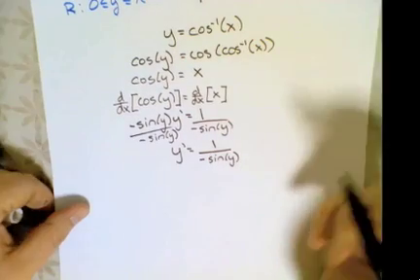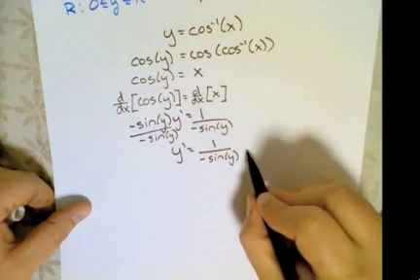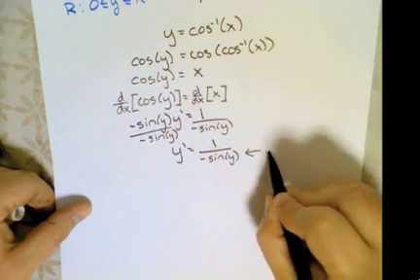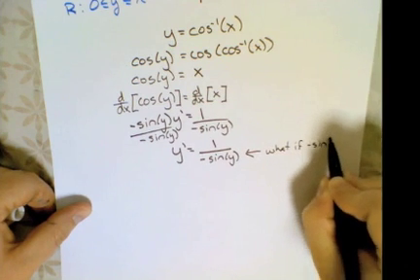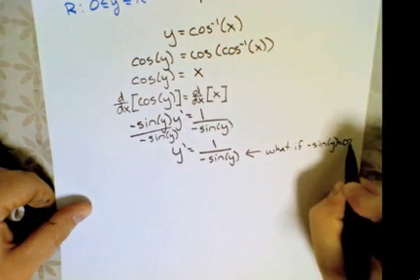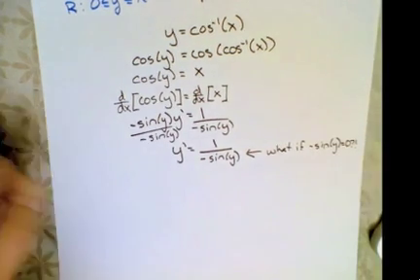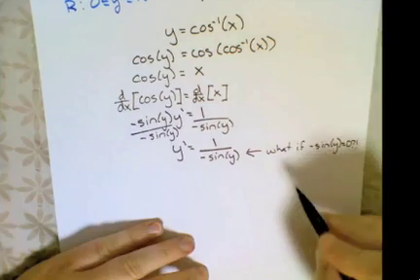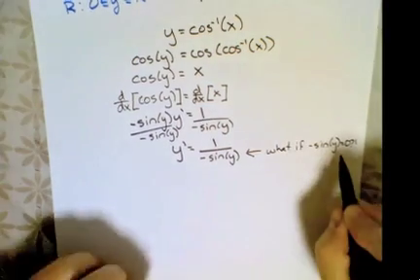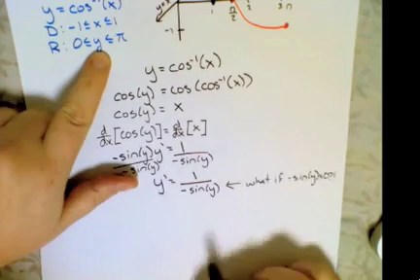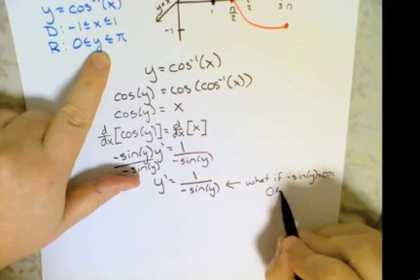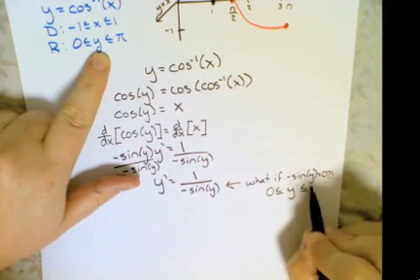First, what if this equals 0? Oh no, right? What if it equals 0? Well, let's check. Remember that y is in between 0 and pi. 0 is less than or equal to y is less than or equal to pi.